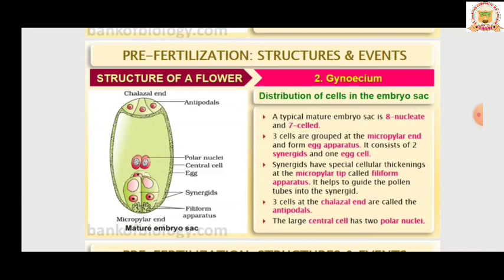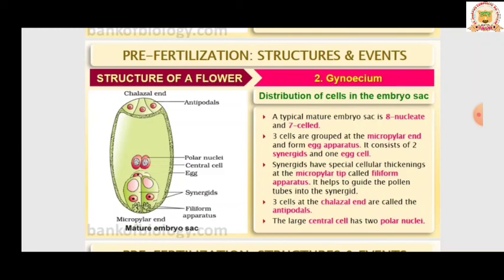So 3 cells are present at the micropyle end and the remaining 3 cells are present at the chalazal end. The chalazal end is the opposite of the micropyle end. You can have a look: that is the chalazal end, and down is the micropyle end. The 3 cells at the chalazal end are called the antipodal cells. A large central cell has 2 polar nuclei. So we call it an 8-nucleate, 7-celled structure, or embryo sac.